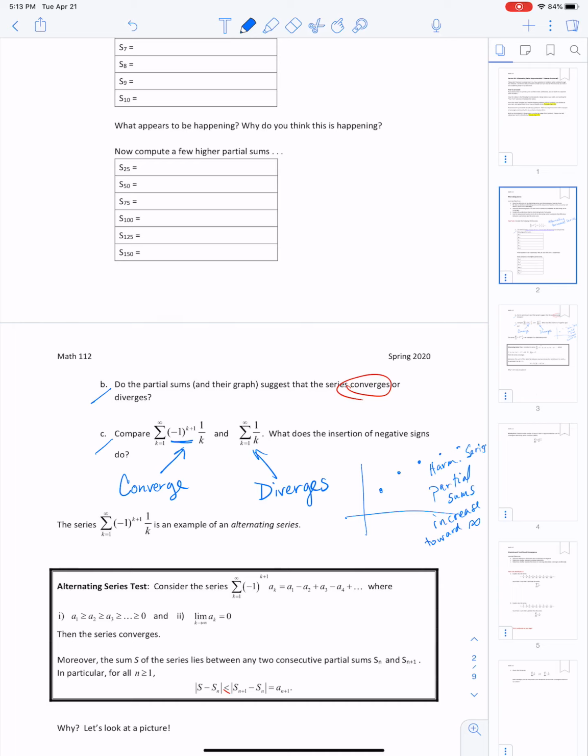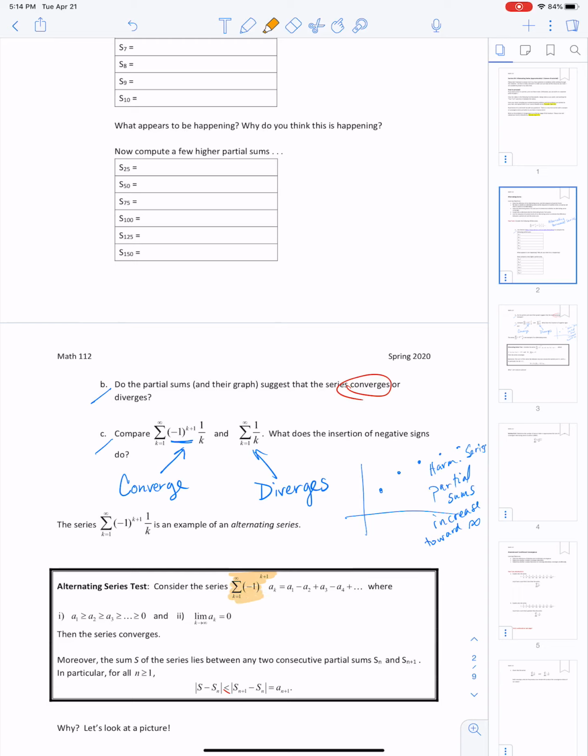So let's talk a little bit more about this kind of series, where the signs of the terms alternate from positive to negative. It turns out for these kinds of series, there's a really nice characterization for when the series will converge. So the alternating series test is what I will highlight for you here.